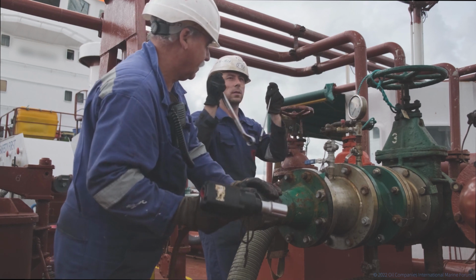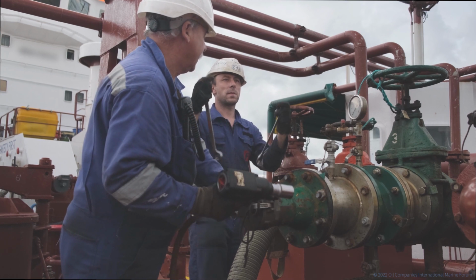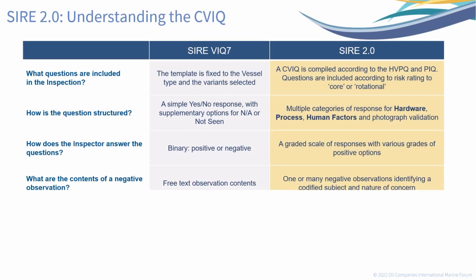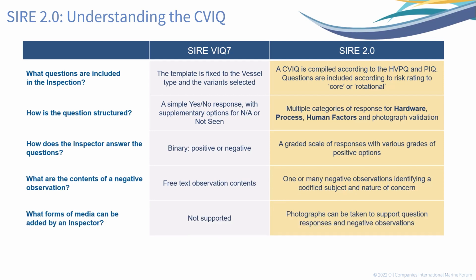The inspection also requires the inspector to validate photographs submitted by the operator. Negative observations. Observations made under VIQ7 inspections are comprised of free text only, with no option for the inspector to provide media content. Sire 2.0 observations identify a subject of concern and nature of concern, and have a photographic evidence function to support question responses.